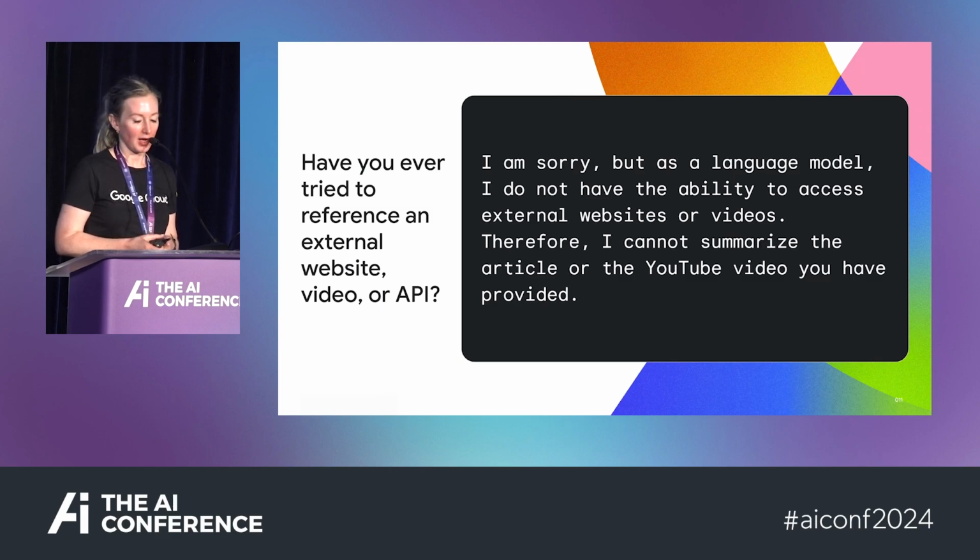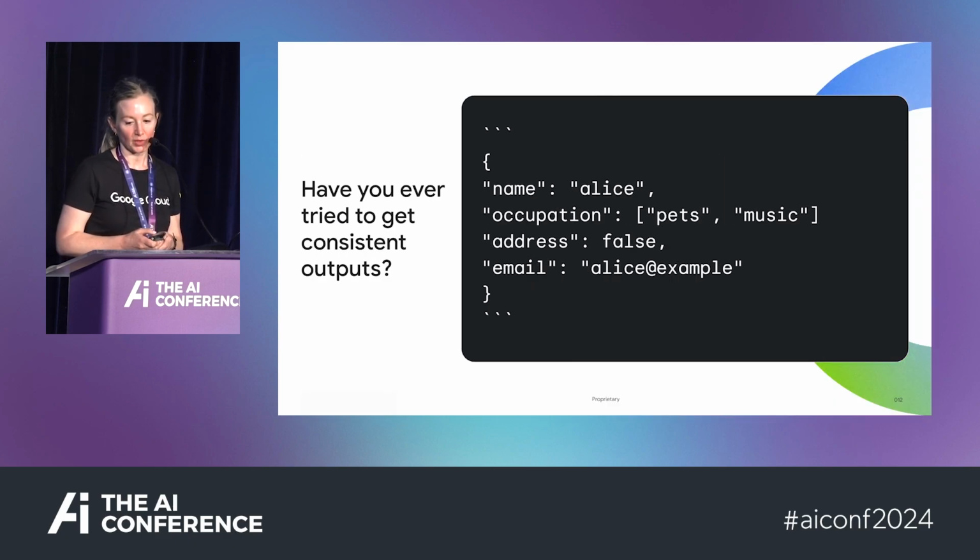Another shortcoming that you have probably seen, especially in the past, was asking for links to outside websites, or even asking an LLM to examine content on a URL, a video, things like that. Essentially, there was just no way for LLMs to deal with that information.